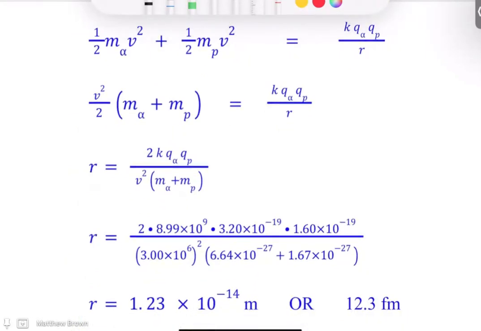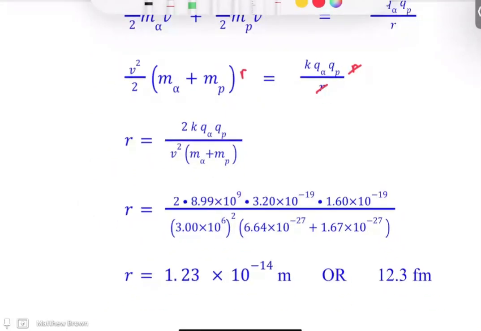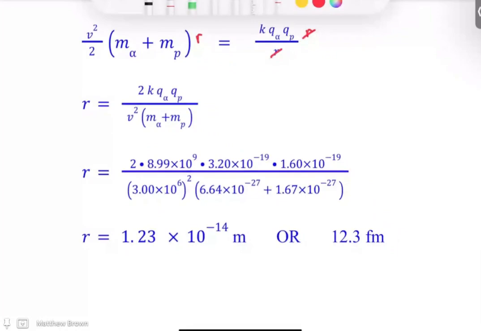Then, since we want R, you multiply both sides by R so that it cancels out here, and then divide both sides by this sum of their masses, so that gets it down on the denominator on the other side. Multiply both sides by 2 and divide both sides by V squared, and you end up with what's underneath. R equals 2k times both their charges divided by V squared and the sum of both their masses.